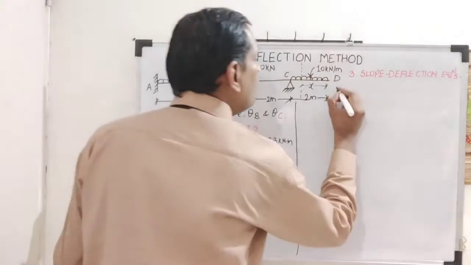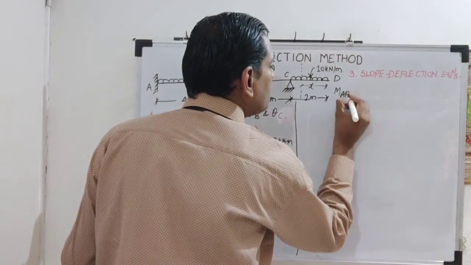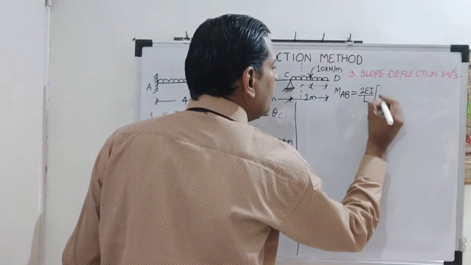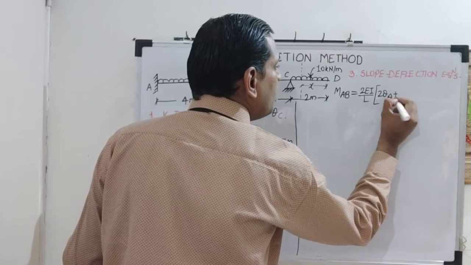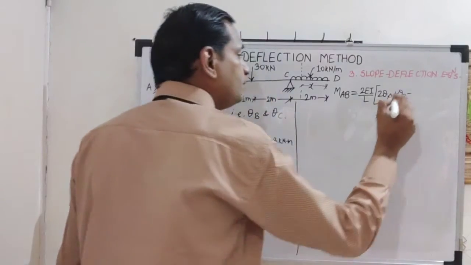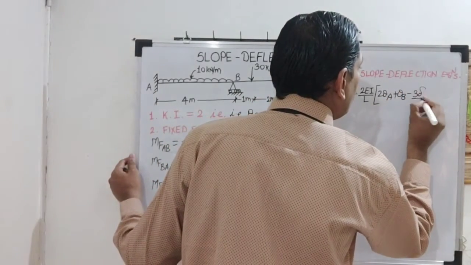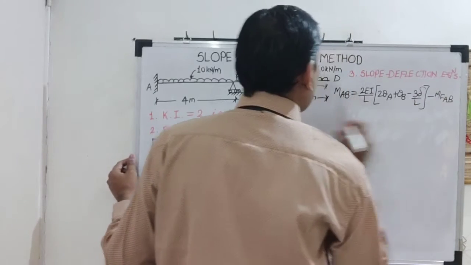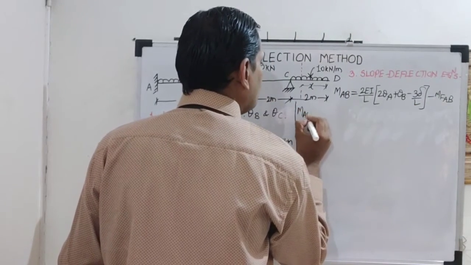This MAB moment for the first span is given by the formula 2EI by L into bracket 2 theta A plus theta B minus 3 delta by L outside the bracket, minus MFAB. So substitute the values one by one.